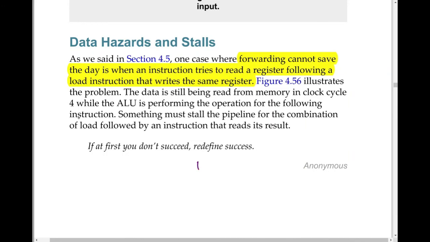Suppose there is a load instruction, load x2 4 x3, and there is an add instruction here, add x4 x2 x10. In this case, the second instruction depends on the first instruction, and this data hazard you cannot resolve using forwarding. You must need one stall, which I explained in the last class.